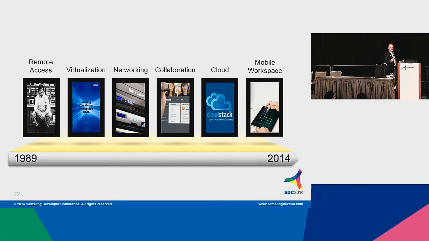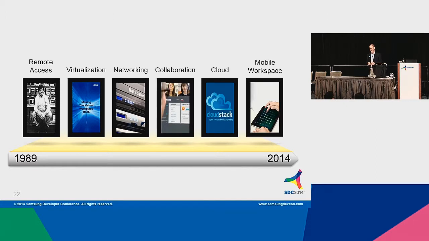How many folks here, if you've been around the industry for a while, you've probably heard of Citrix, but how many think of Citrix as just virtualized Windows or GoToMeeting? Probably, right? And those are actually good businesses for us, but we do a lot more than that.